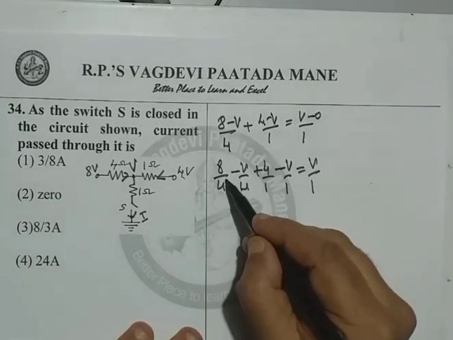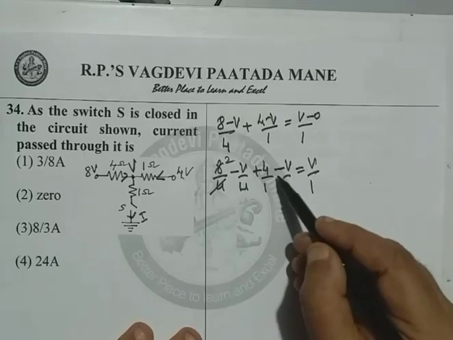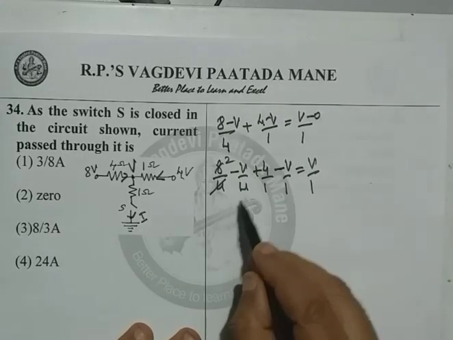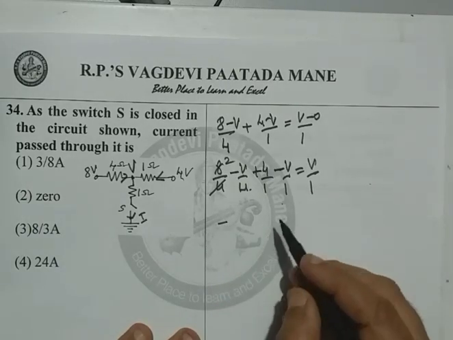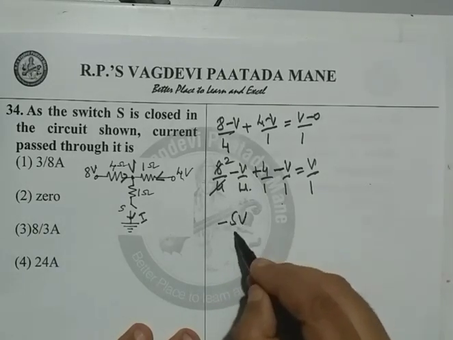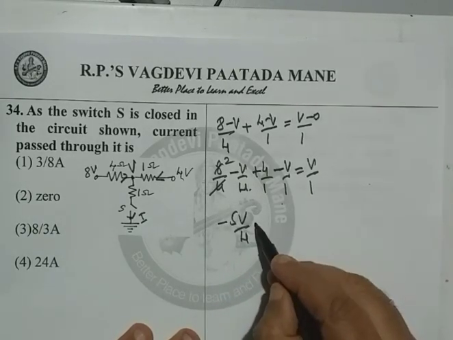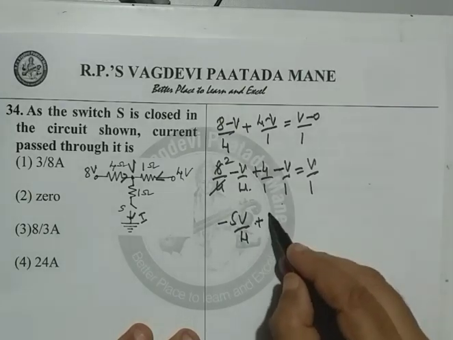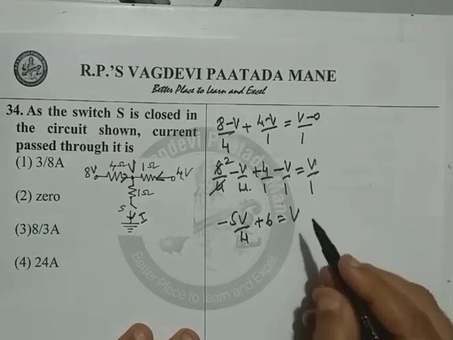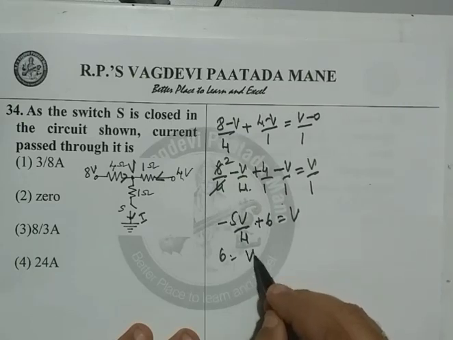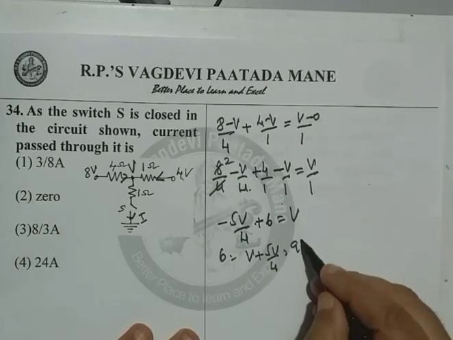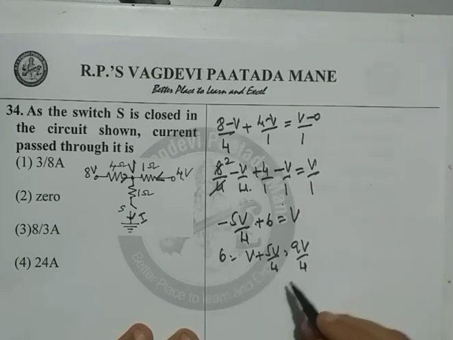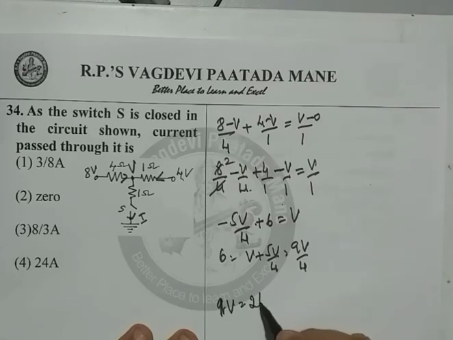Now observe here, it is 2, minus V by 4 plus V by 1 is minus 5V by 4 plus 4 plus 2, 6 equals V. So 6 equals V plus 5V by 4, that is 9V by 4 is 6. 9V is 24.